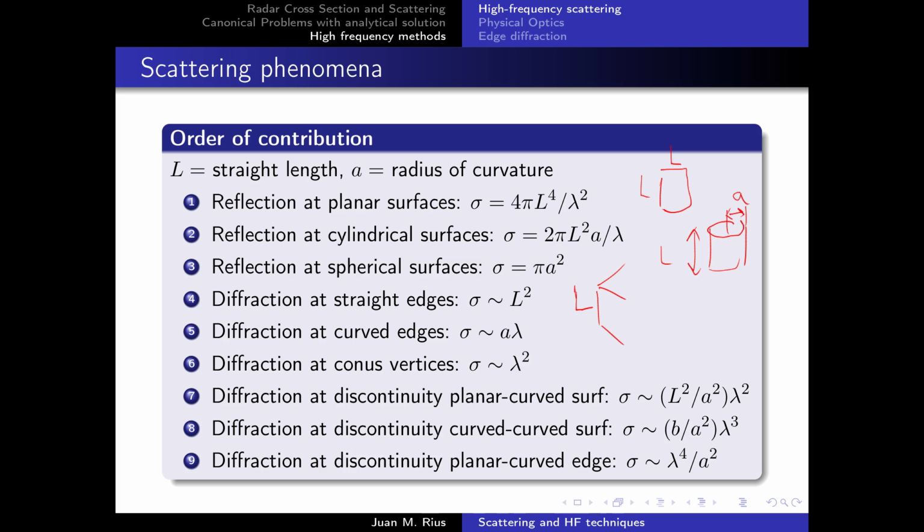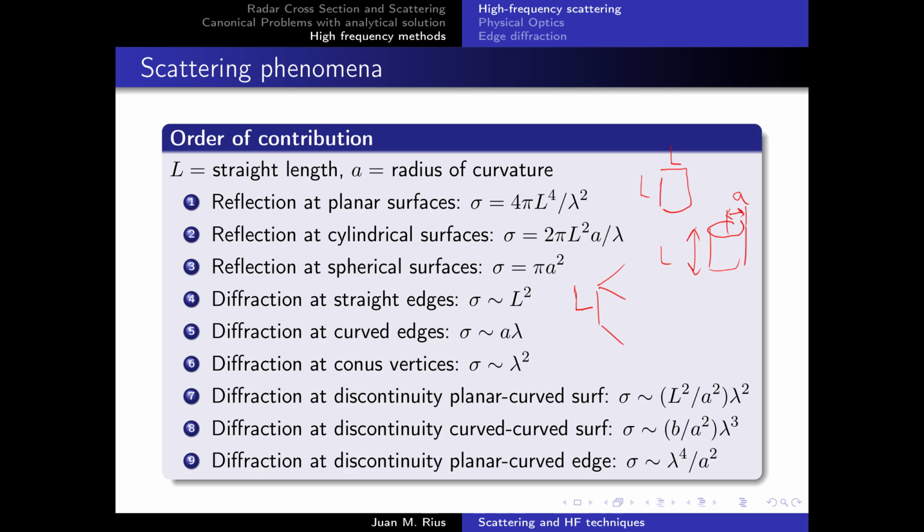And for all the other effects, of order of contribution 5 and more, you can see that the RCS is proportional to a power of lambda, so it will be very small at high frequency, because at high frequency we have a small lambda. So in high frequency, the important effects are the ones that have a high power of lambda at the denominator.